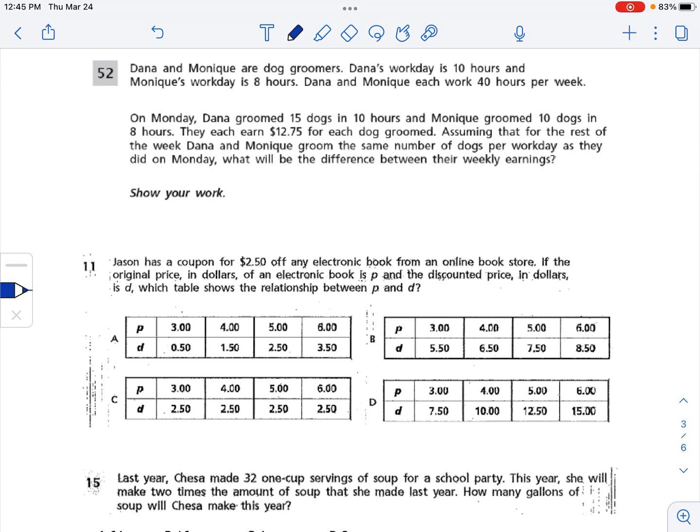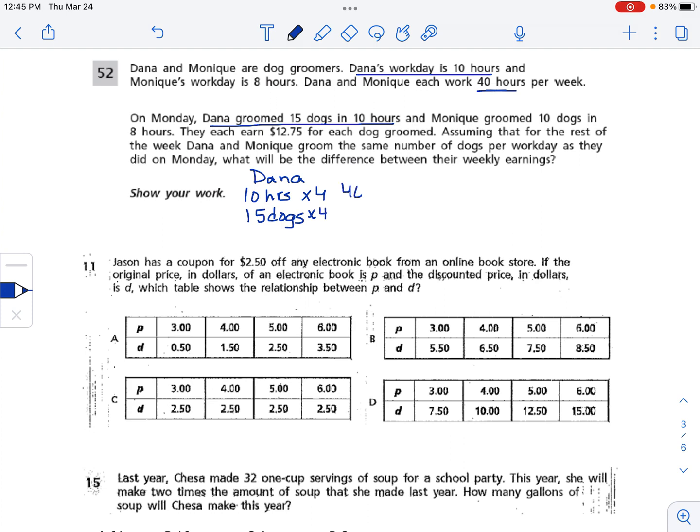All right, so I see Dana's workday is 10 hours, and she groomed 15 dogs in 10 hours. All right, but Dana's working 40 hours. Okay, so she's working 10 hours per day. That's 15 dogs. And to get to her 40-hour week, we're going to have to multiply that by 4.